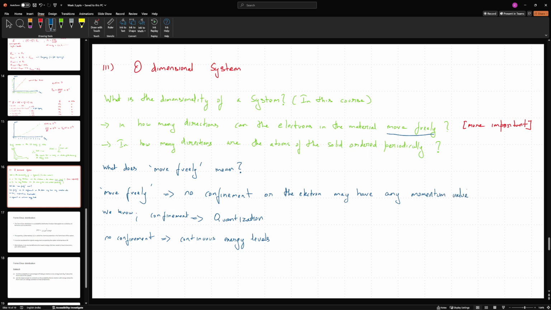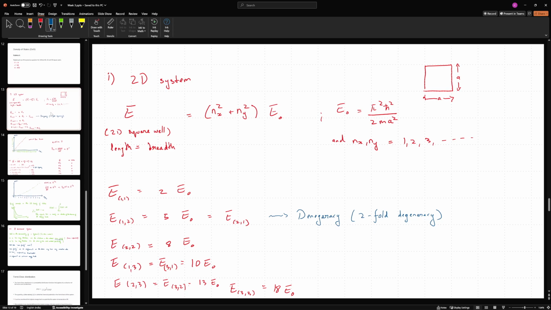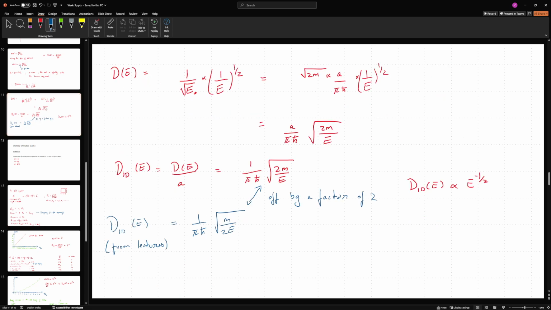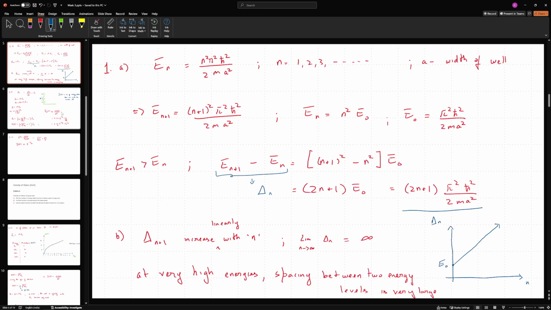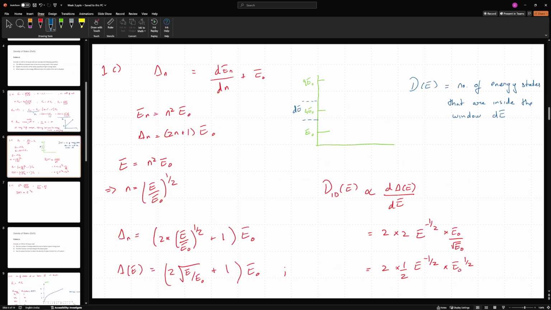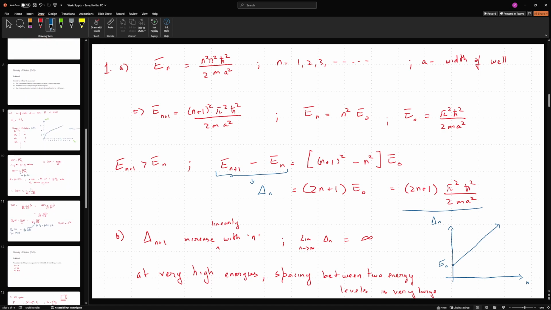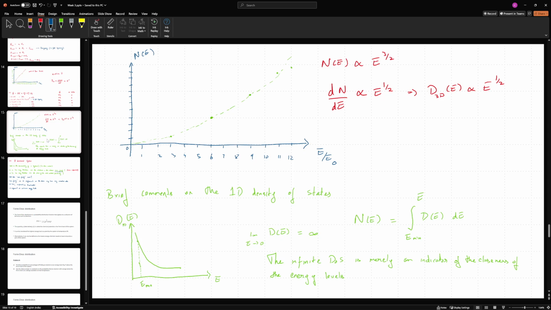And if you notice, in all my previous derivations, I have been saying one thing: that I will consider the limit where a becomes infinite.